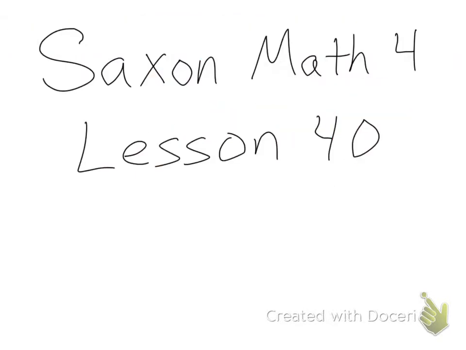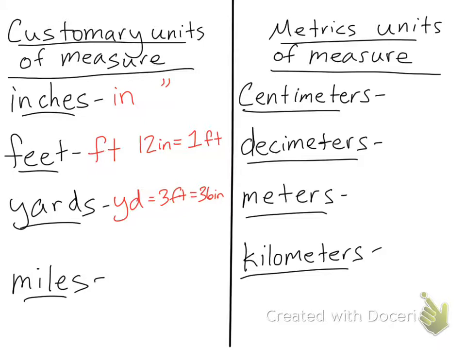So the last one we have is miles. MI is the abbreviation for miles. It is about 1 mile from our school to the McDonald's. A mile is the same as 5,280 feet.